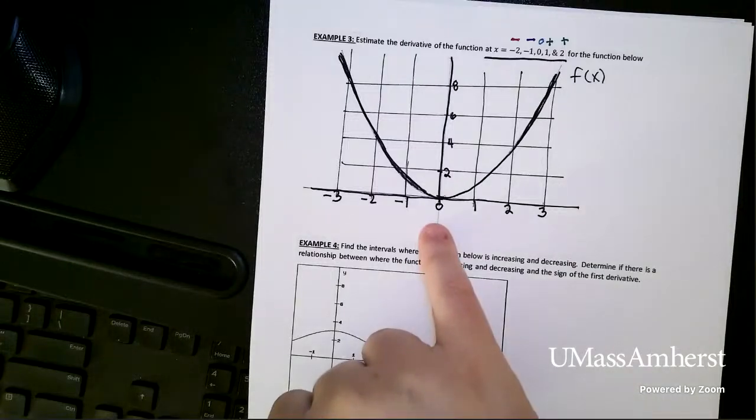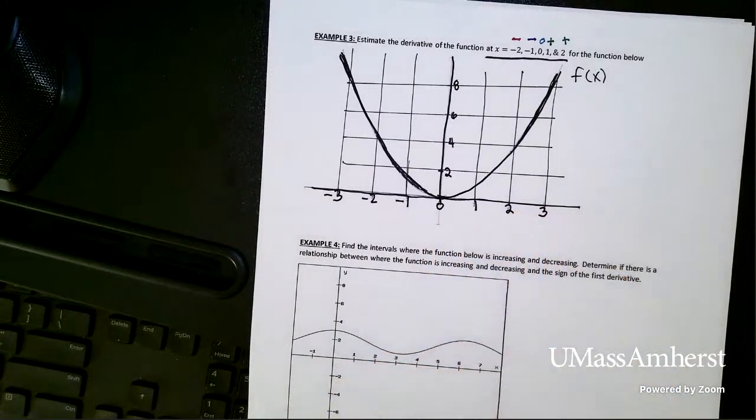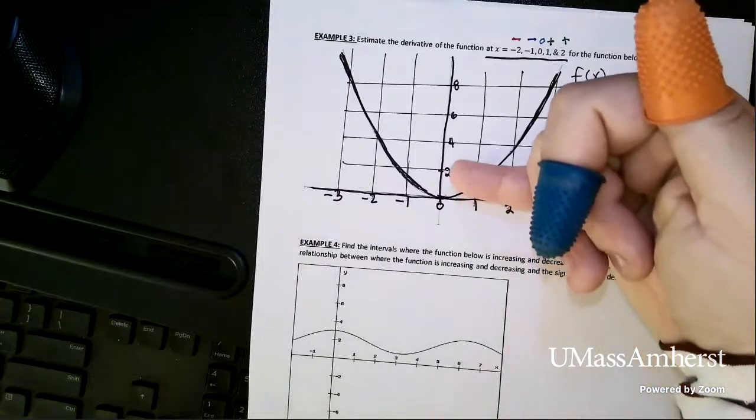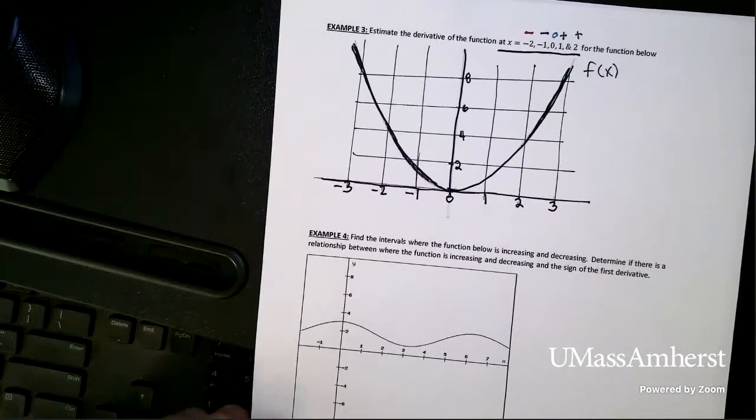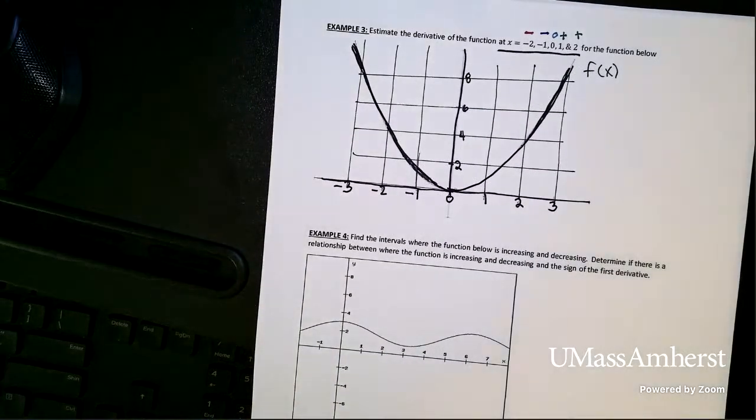If you can't see it, this is 0, 1, 2, 3 across the bottom. And then as we go up, it's 2, 4, 6, 8 is the scale. So take about 3 minutes, see if you can figure out those other slopes, and then we'll come back and do it together.